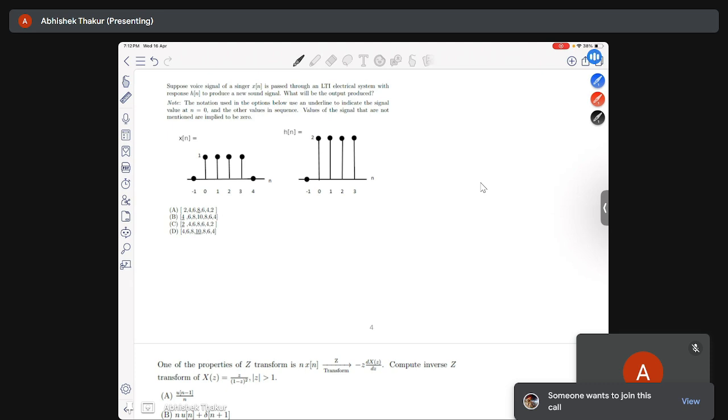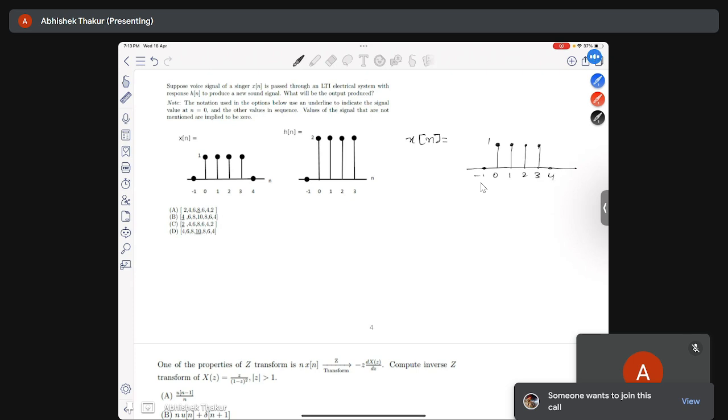Our x[n] is equal to, at 0 it is 1, 1, 2, 3 it is 1, and after that it is 0.